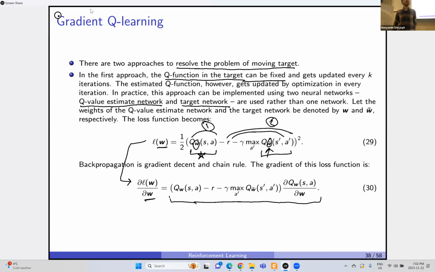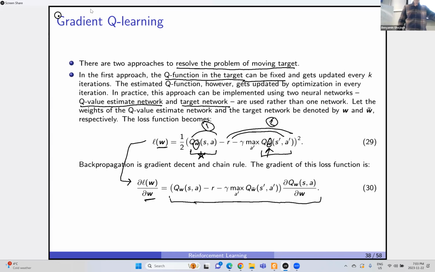Right? So they said, what should we do? There are two solutions in the literature for that. One solution is this. Let's keep that second person fixed. Right? Don't change the second person. As a result, let's use two neural networks. One for the first part and one for the second. So we have two networks, one for this Q and one for this Q. Let's call this Q the network of part 2.